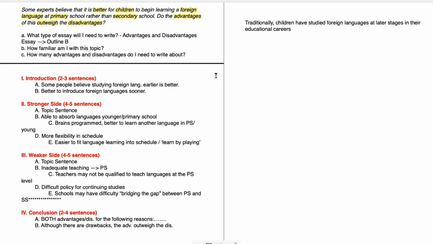I'm basically going to include the rewritten question right here, and I'll say, but some believe that it could be beneficial to introduce foreign languages earlier.